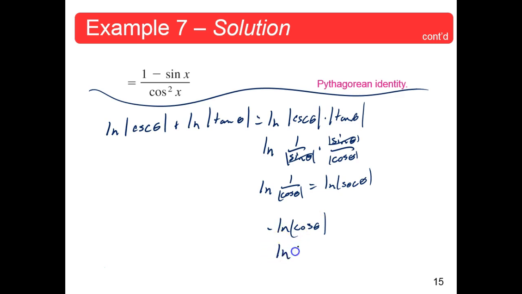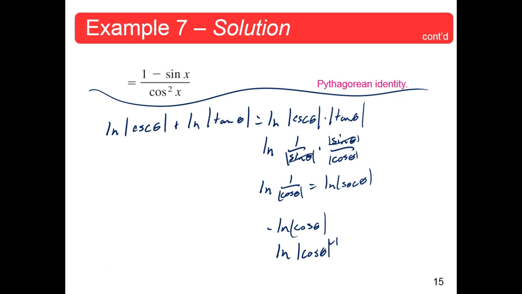So that's the log of cosine to the minus 1, which is exactly secant. So log of secant. So you're back where you started. They're the same thing. Completely equivalent. And again, both of those answers would have been right, but WebWork would have only recognized one.